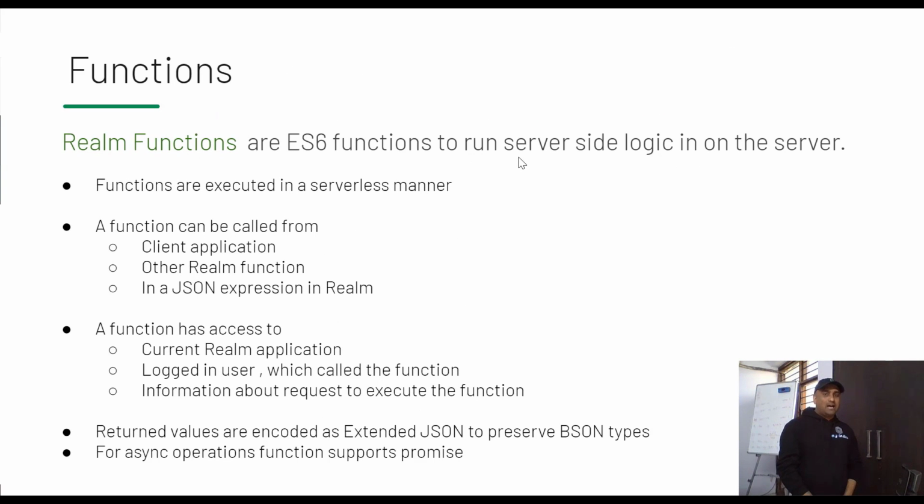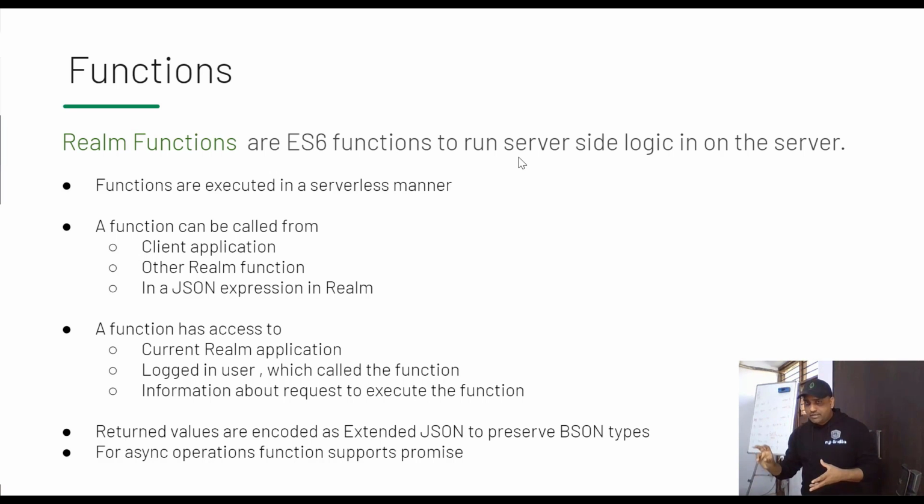Now, functions are the functions which are running on the server. Realm functions are ES6 functions to run server-side logic on the server. So we are making a call to Azure Cognitive Services text analysis in the Realm function. From the Angular app, we are just inserting the data.